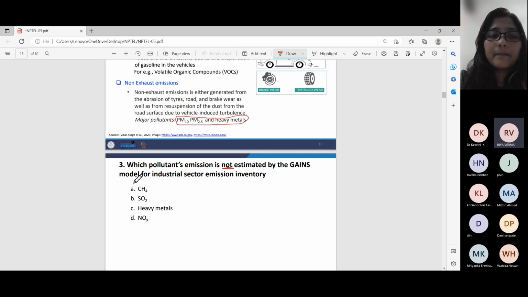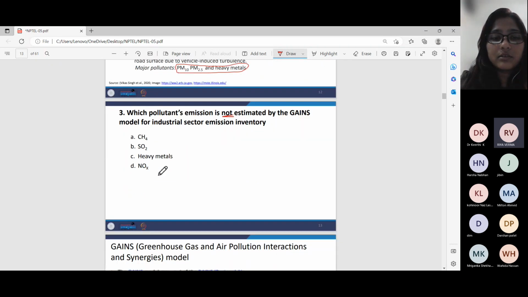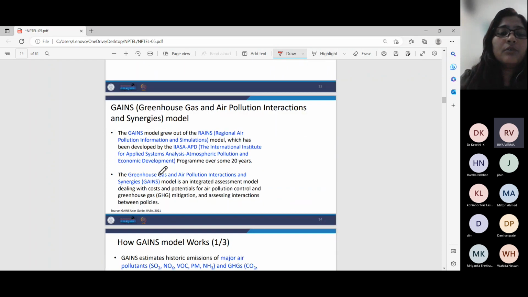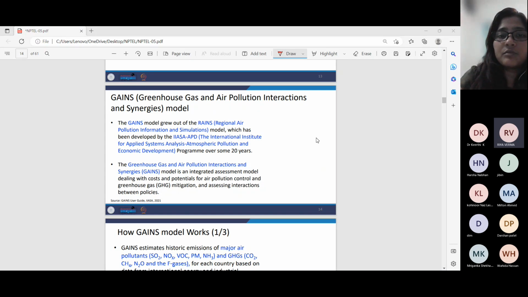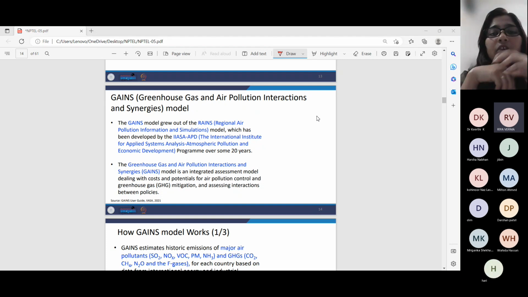Heavy metals. Let us see what the GAINS model tells us. So what is this GAINS model? Basically, it stands for Greenhouse Gas and Air Pollution Interactions and Synergies model. It grew out of the Regional Air Pollution Information and Simulations model, which was developed by NASA APD.